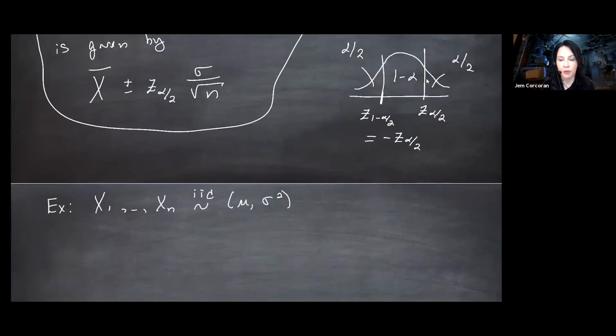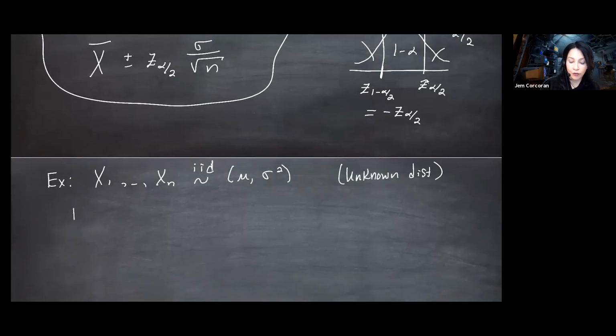This is not a normal distribution. In fact, the distribution is unknown. So for large n, we can use the central limit theorem to say that x bar is approximately normal, and its mean is always mu, and its variance is sigma squared over n.